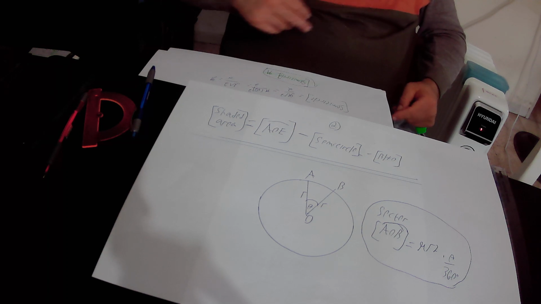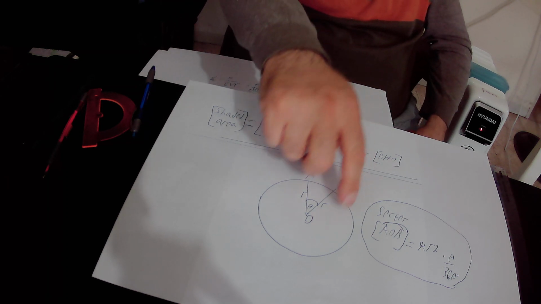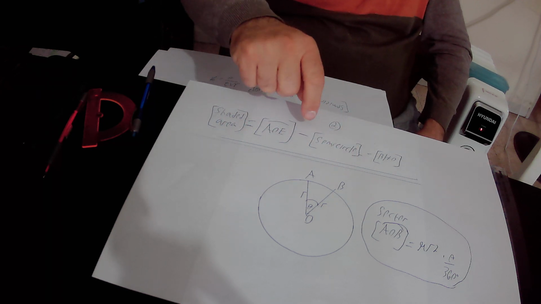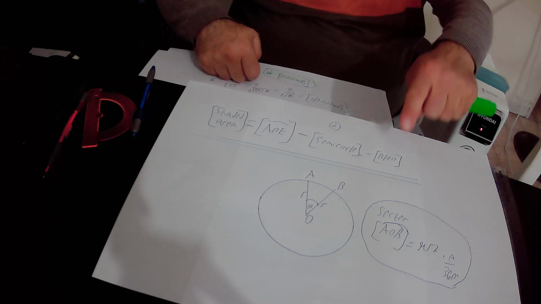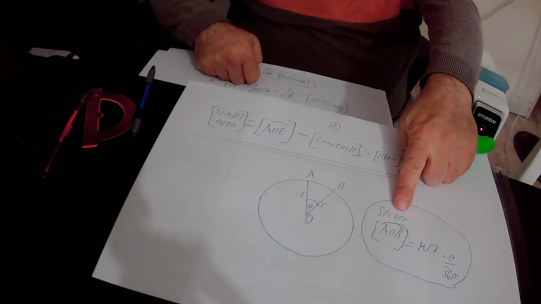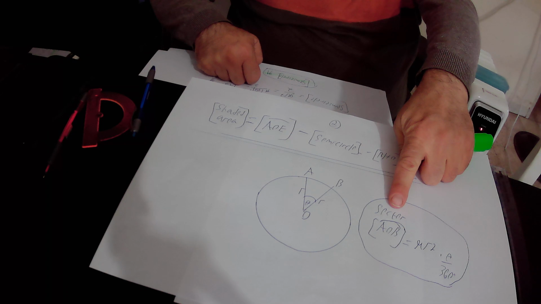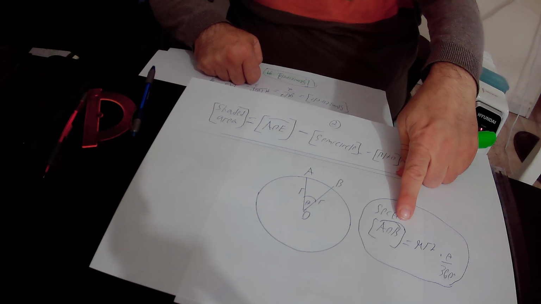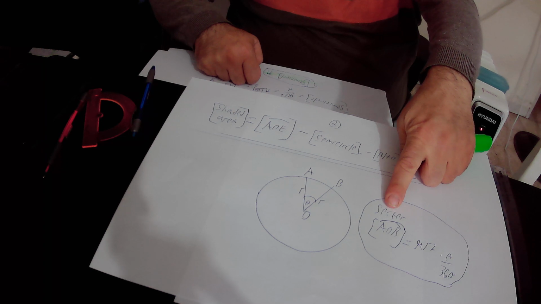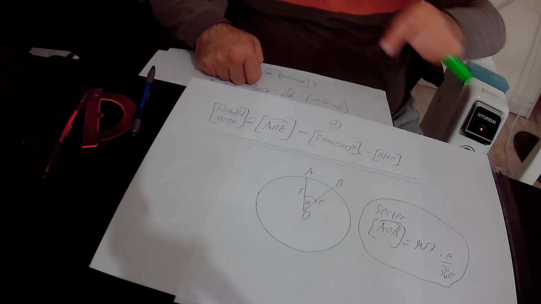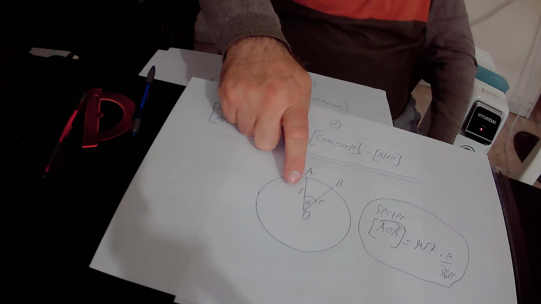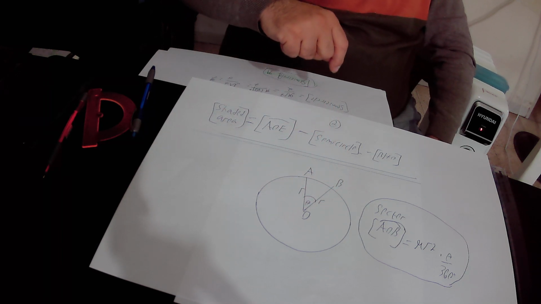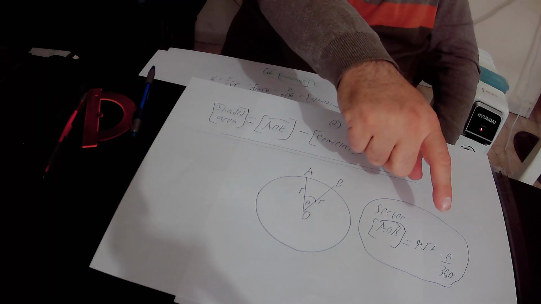What is the area of a sector? We have here a circle. AOB is defined as a sector. This is how we write down the area of sector AOB, with this sign above AOB. It means the area of sector AOB. The area of sector AOB will be equal to pi r squared, that is the area of the circle, times theta over 360 degrees.